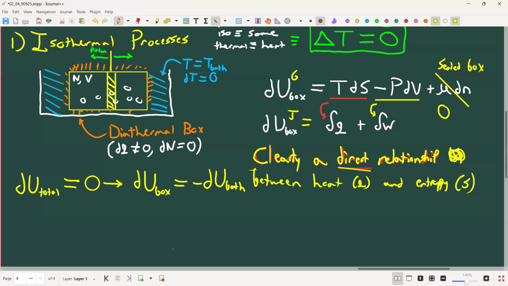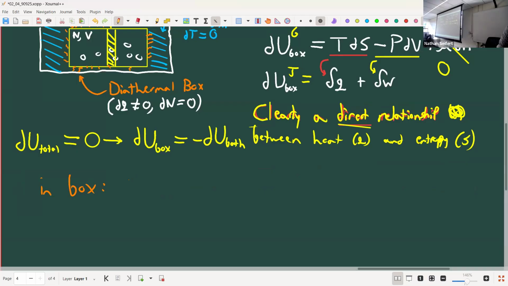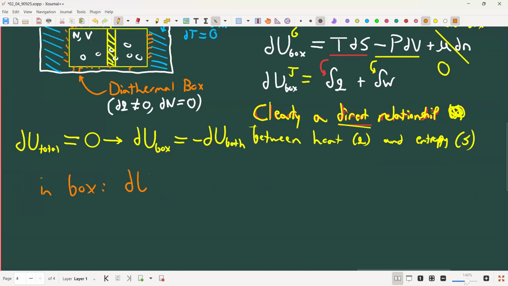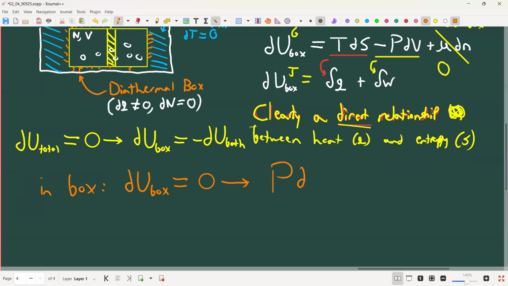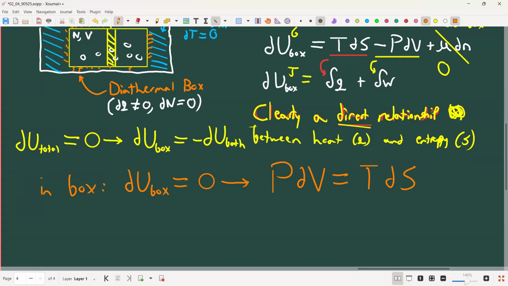So what we can say, therefore, in the box is that dU box has to be equal to 0, which means that PdV is equal to TdS. So any heat that comes in has to go out as work and vice versa. There's always a balance between these two energies.